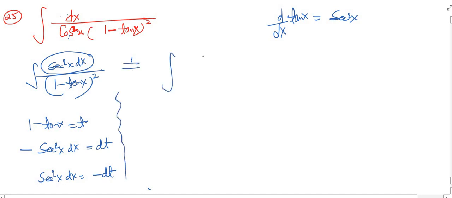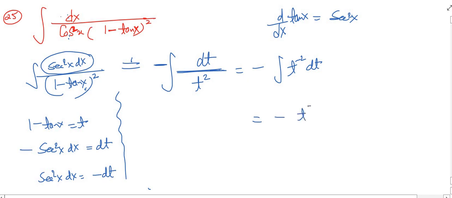So this will become minus of dt by, what is this? This is t square. ठीक है. तो minus of t raised to power minus 2 dt. तो what is integration?